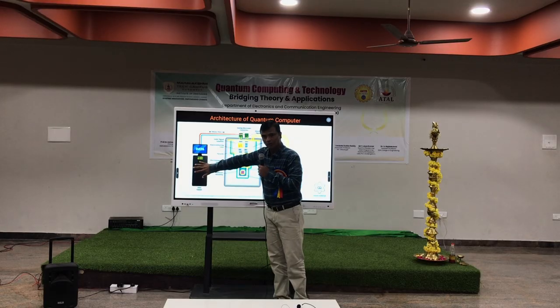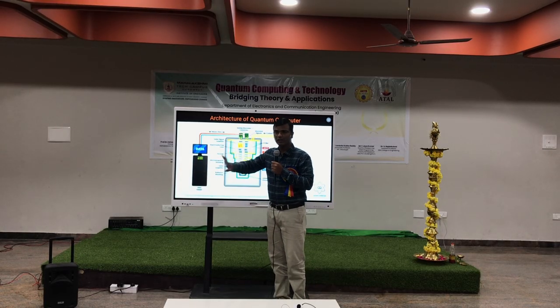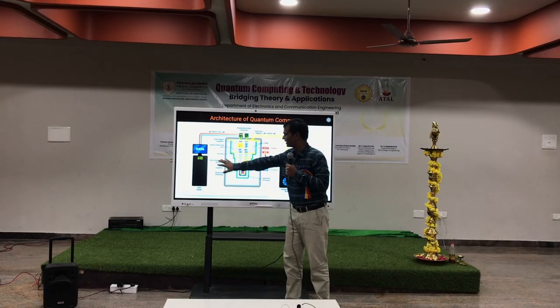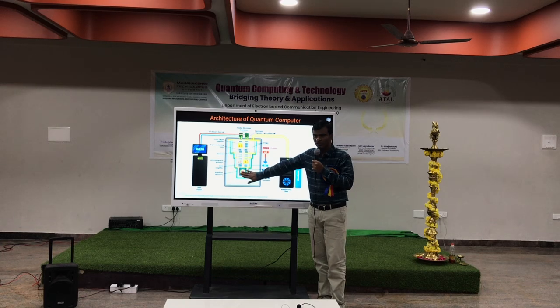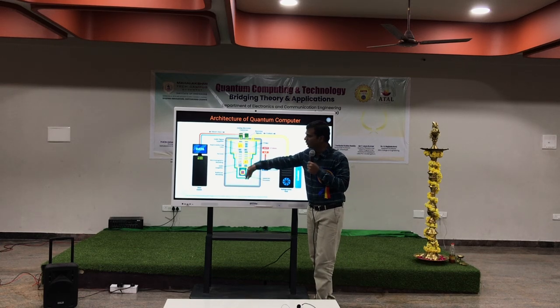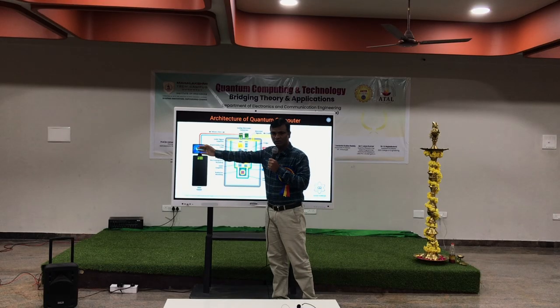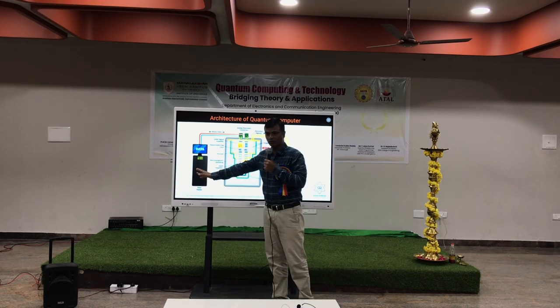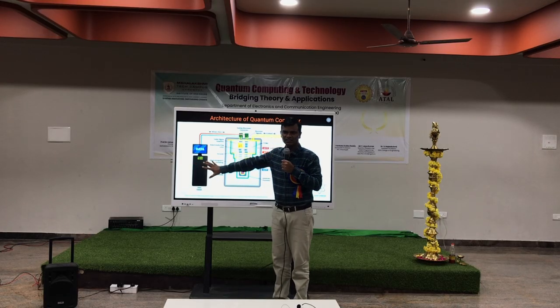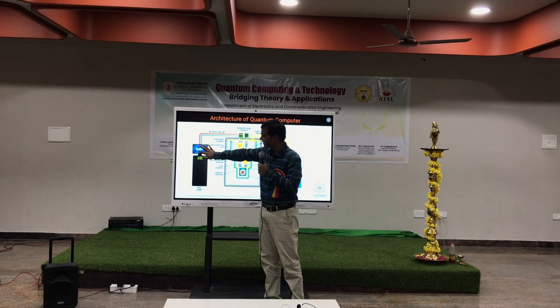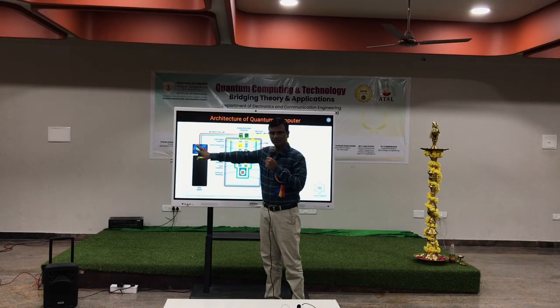Here your data center will be there. This is how a typical workflow will flow, how data will flow from your data center to your quantum computer to a quantum processor, and once the data is processed, how it will be given back to the user, and then how it will be stored in the data center. Here these are the normal data centers only, and this one is your normal computer only.